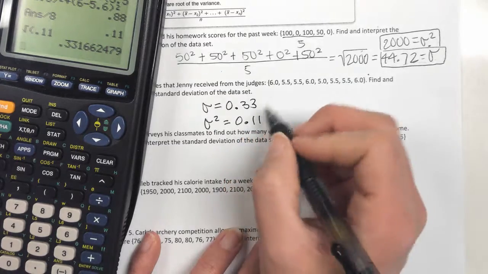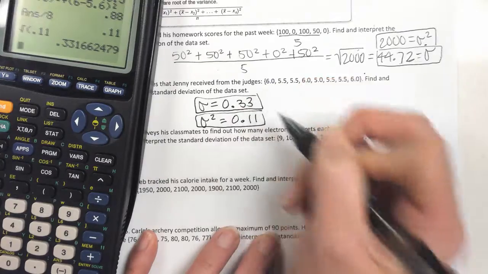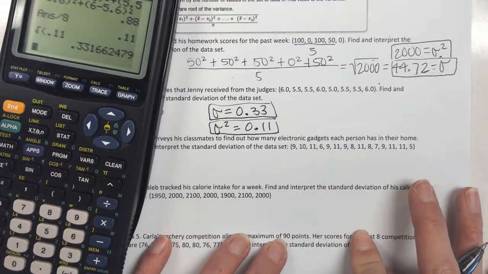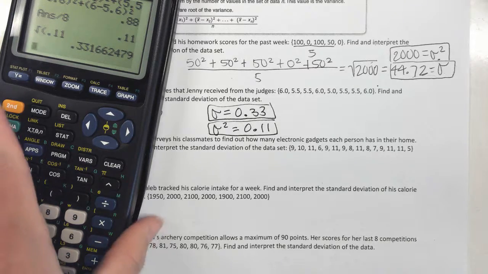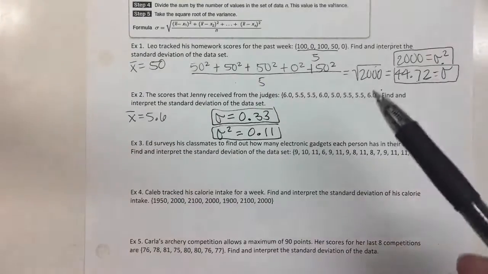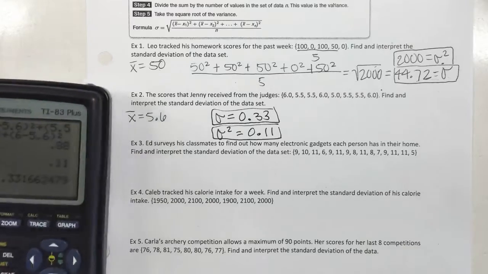Good job. Before you square root it, it would be your variance. Questions? Do y'all like it better doing it in your calculator like this, or do y'all like writing it out better? Okay, that's fine. We can do that for the next one.